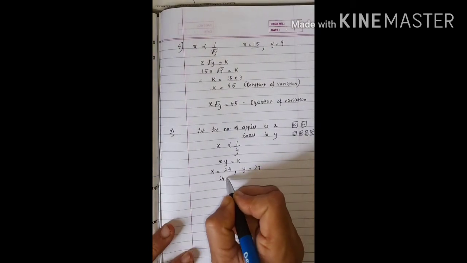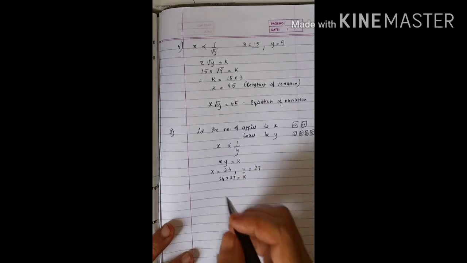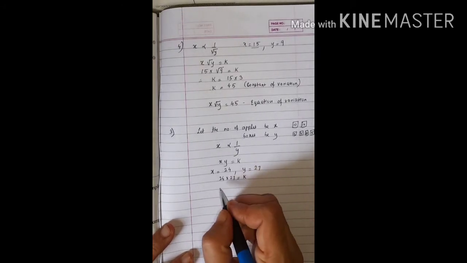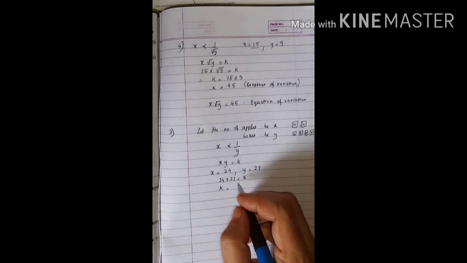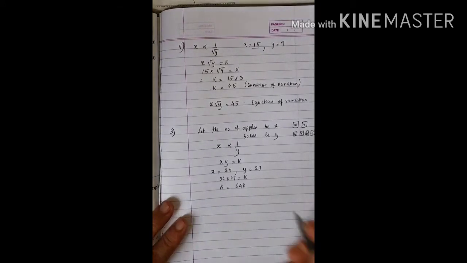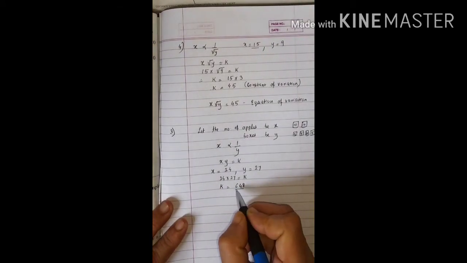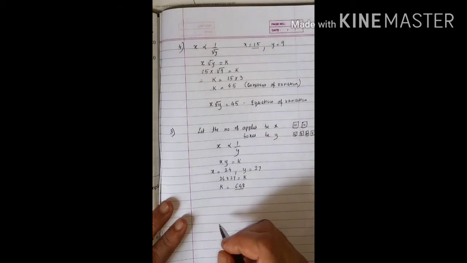So we substitute 24 into 27, which is equal to k. That will give you the number of apples. So k is equal to 24 into 27, which is equal to 648. So in total we have 648 apples.